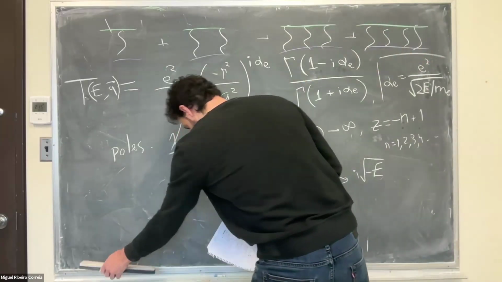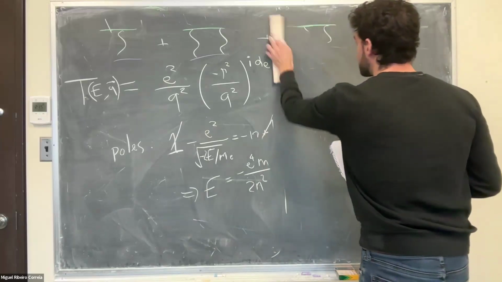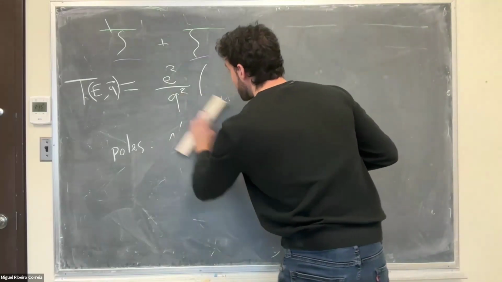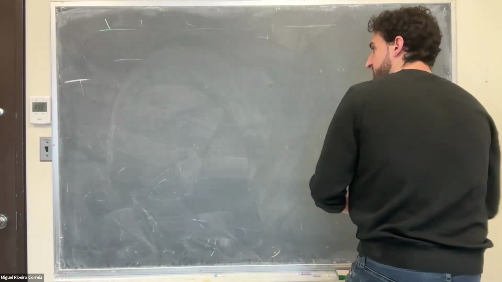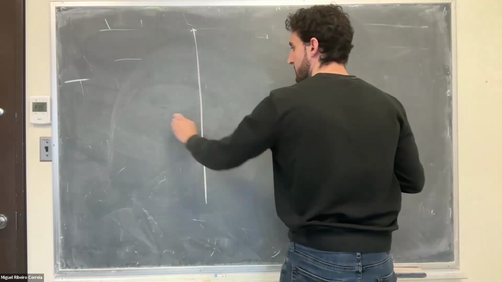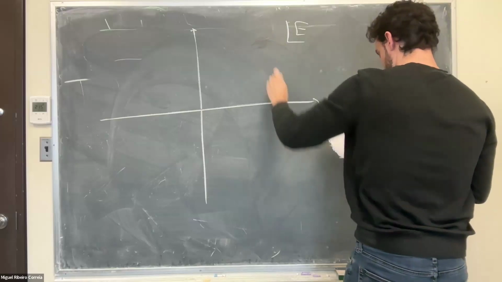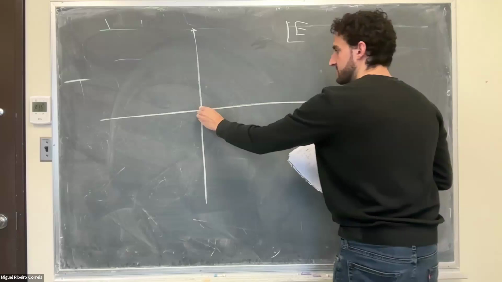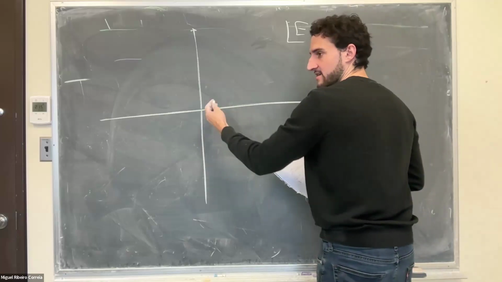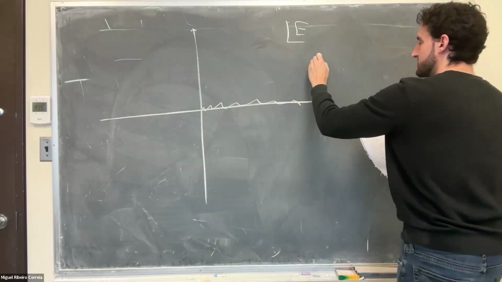If I draw the complex plane, what we found: so there's a complex plane, and this formula had some branch cut. It was clearly imaginary for positive energies.